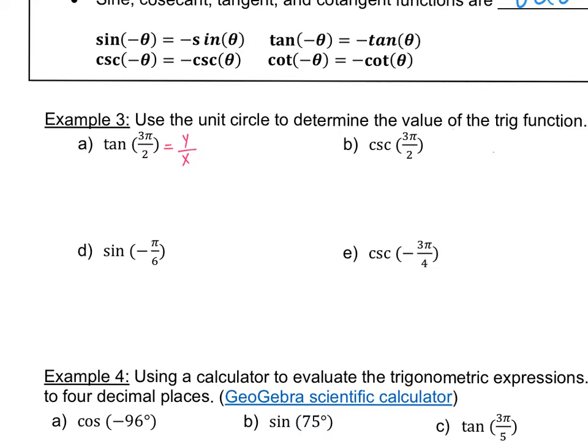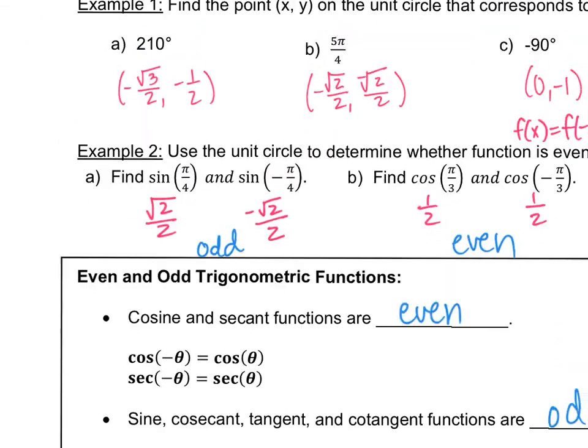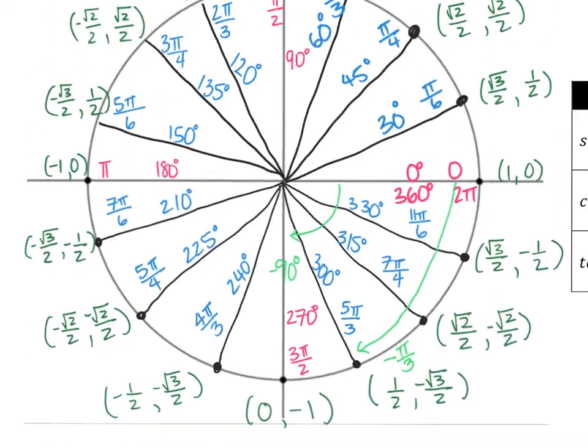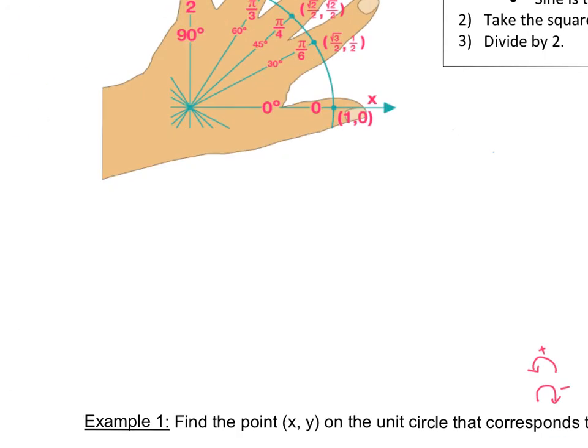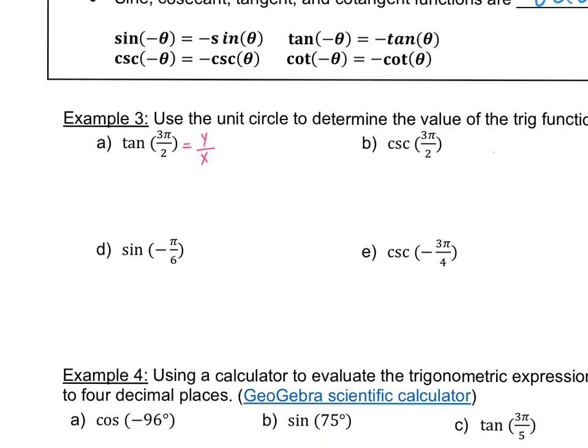So if I go to the unit circle for 3 pi over 2, I will notice 3 pi over 2 is down here, and the coordinates are (0, -1). So going back to that problem, my coordinate was (0, -1). If I were to figure this out, my y here is the -1 over my x, which is 0.